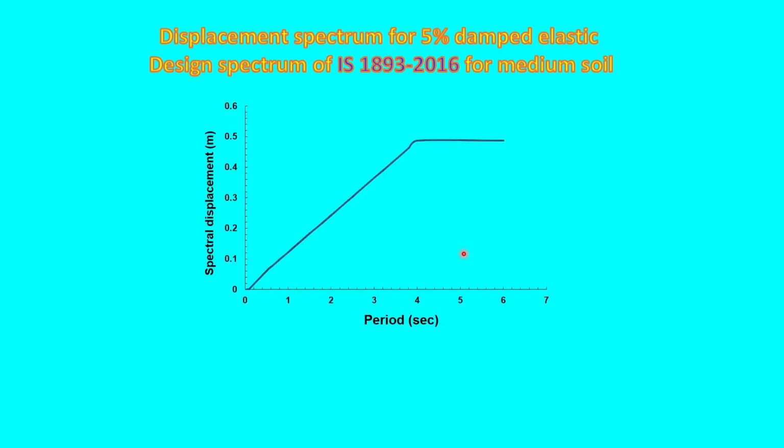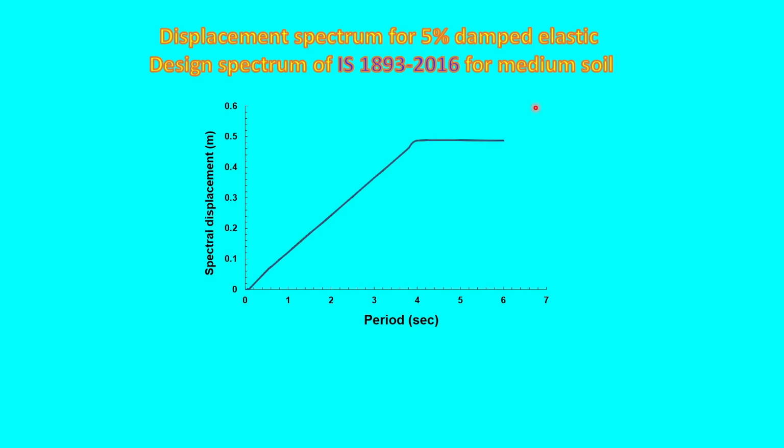So at this damping, which is the material damping arising out of the material, the structure has not got damaged till now. So the 5% damping indicates it is an elastic structure without any damage. The corresponding displacement spectrum for IS 1893-2016 at 5% damped condition is this one.